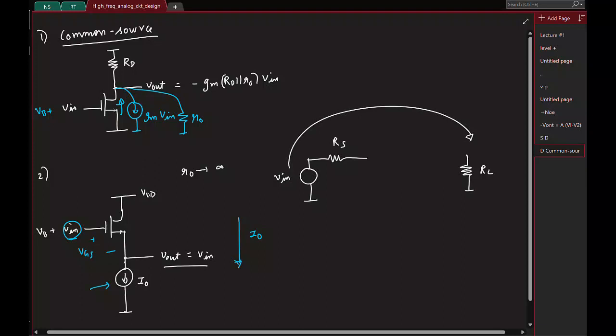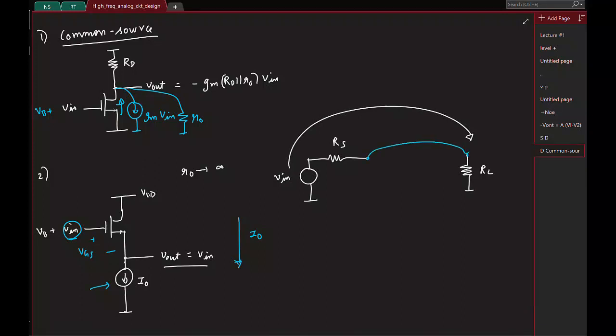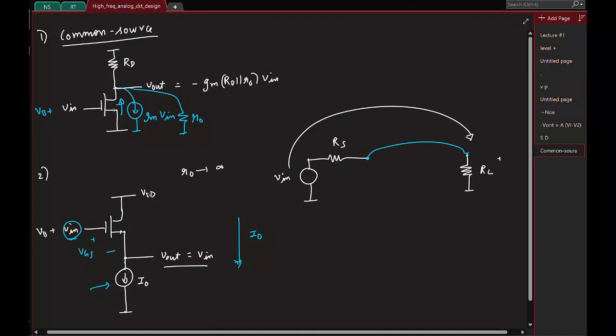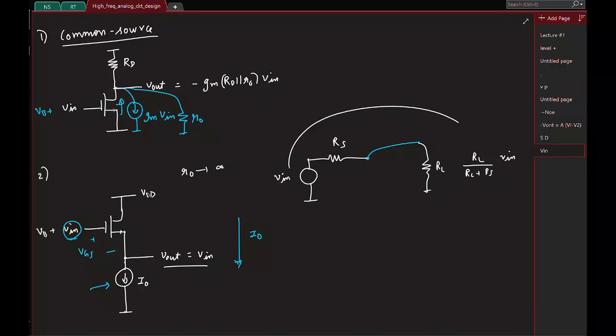If I directly make this connection like this, what is the output voltage? So this is going to be RL by RL plus RS, right? So if RL is small, basically you see that the voltage is not getting transferred completely.